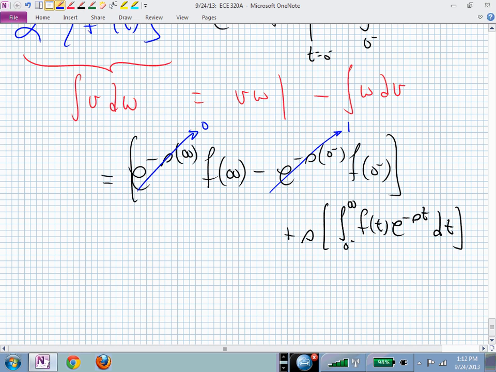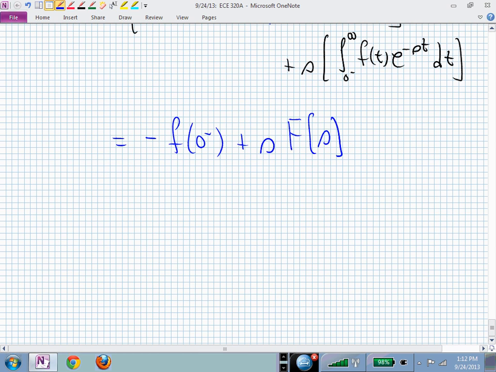If I pull all of those pieces together, I end up with minus f of 0 minus. So I have 0 minus 1 times f of 0 minus plus s. And what's that square bracketed expression equal to? That's just F of s, capital F of s.